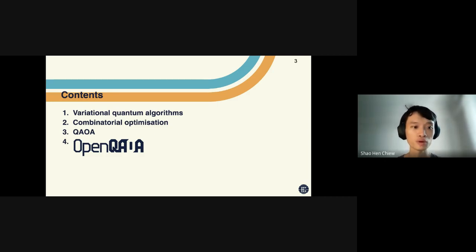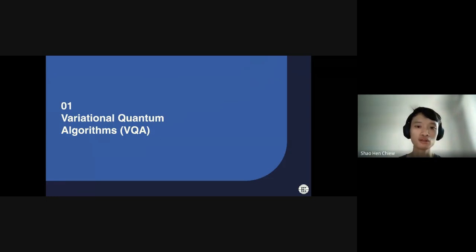Once I describe all these components, I'll finally go on to describe an open source package that we've developed at Tropical Labs called OpenQAOA that allows you to run QAOA easily.